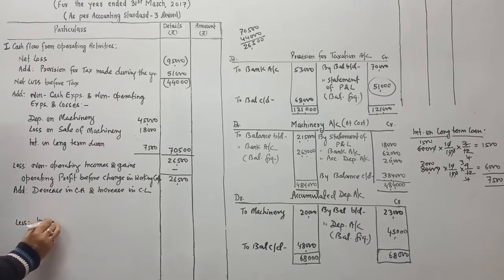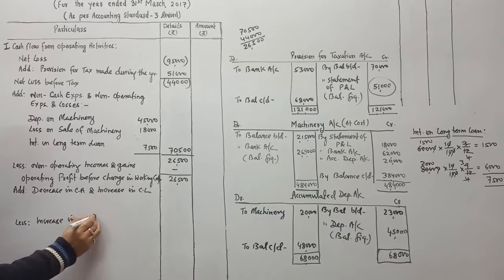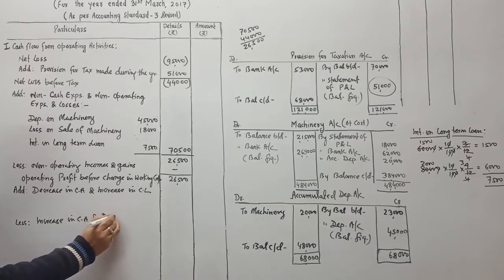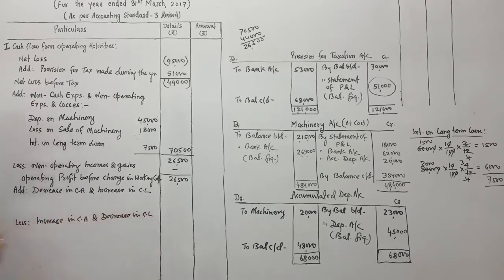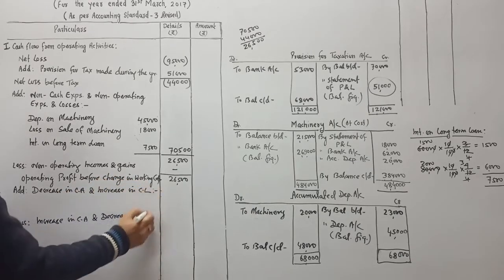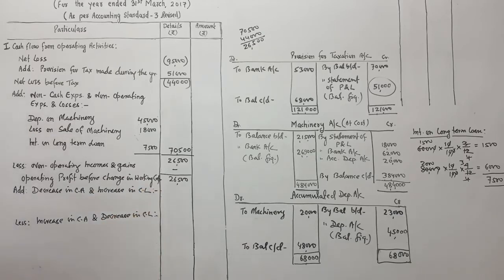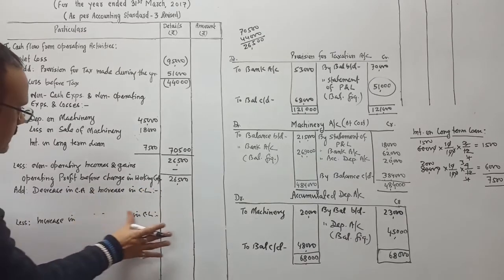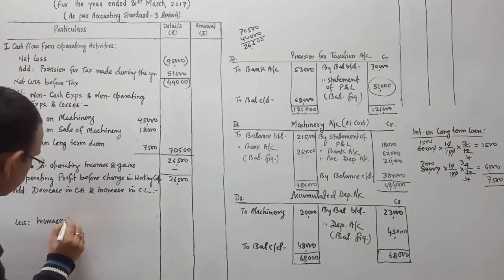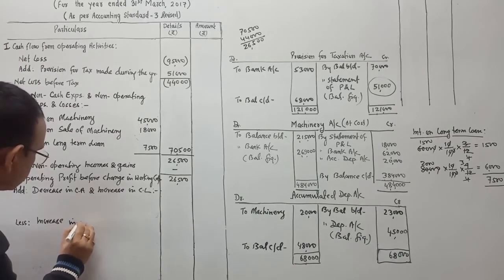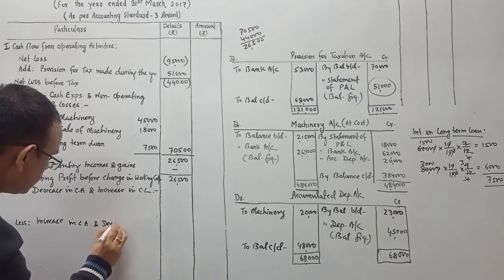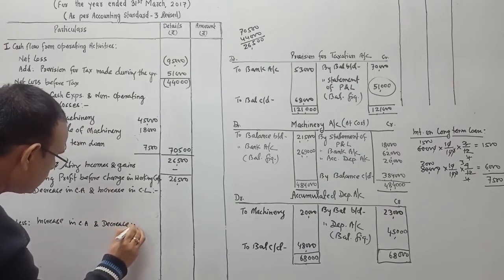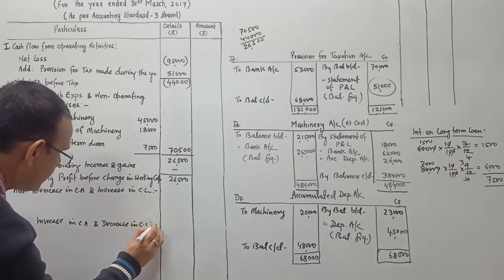Increase in current assets and decrease in current liability will be deducted by us.